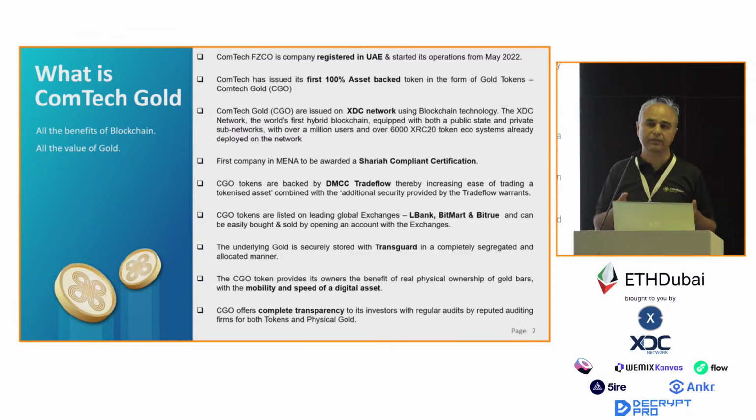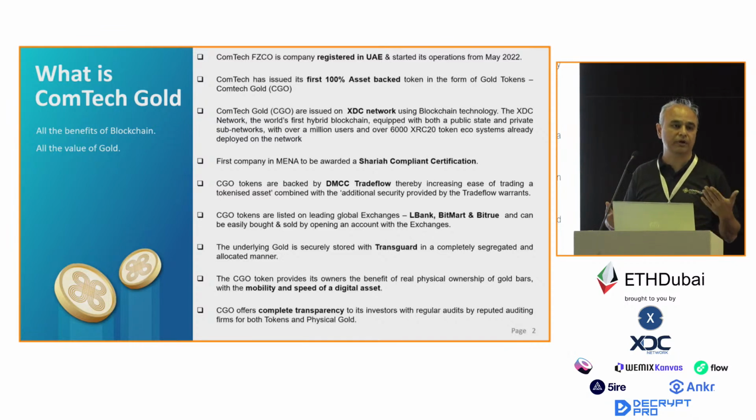Once we take this physical gold, we keep it with a vault in Transguard. Transguard is part of Emirates Group. When we keep this 1 kg of gold, we create this trade flow warrant, and for each warrant we parallelly create 1,000 tokens. DMCC, as a government authority, validates both the Transguard warrants as well as the 1,000 tokens, and then they approve it.